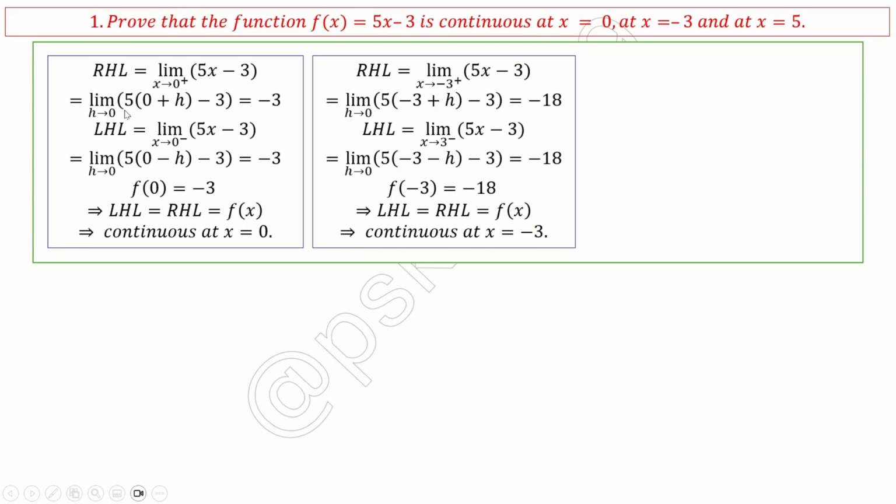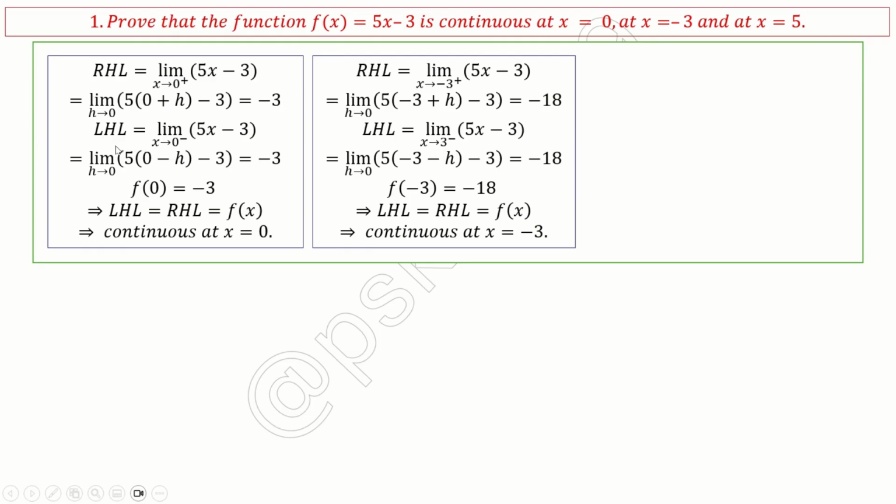This is how you should do it for RHL. For LHL, you will do 0 minus h. Since x tends to 0, I will take 0 minus h and substitute it in the same way. So h tends to 0, 5 times 0 plus h minus 3, which is minus 3 basically, because h tends to 0. If I substitute 0 here, it will become minus 3.